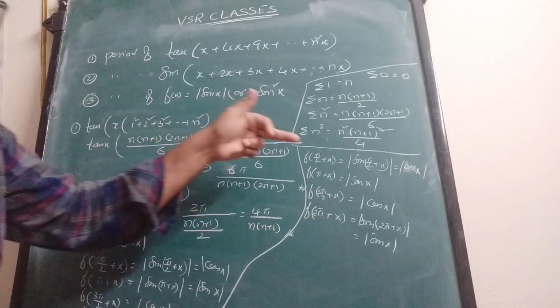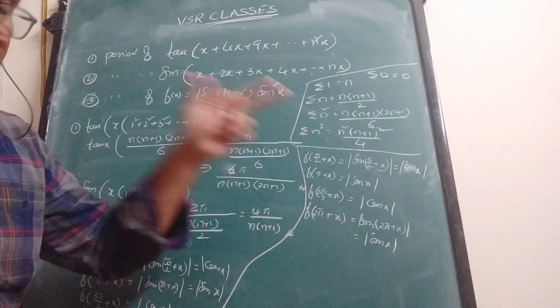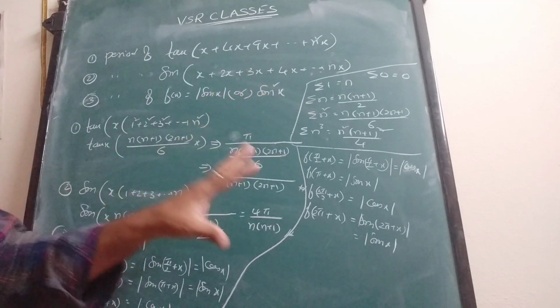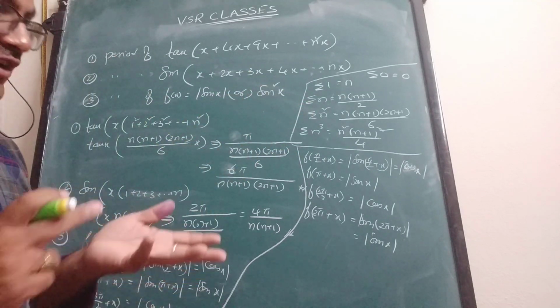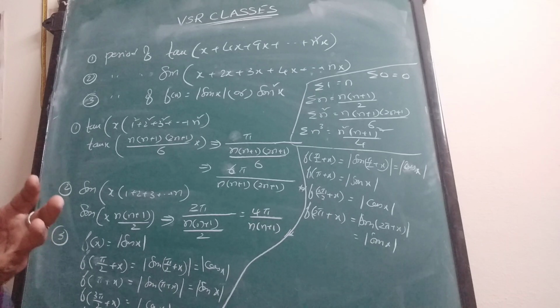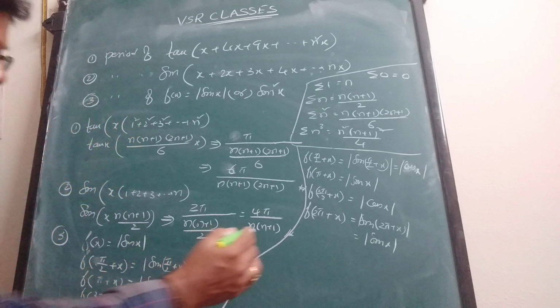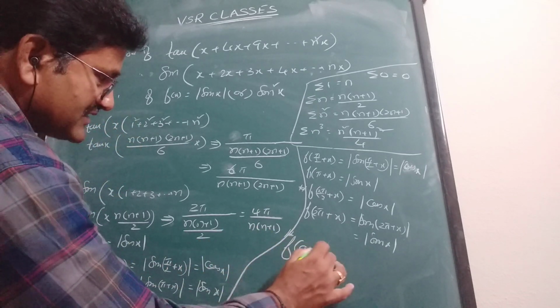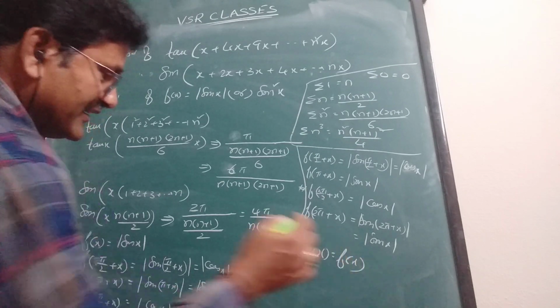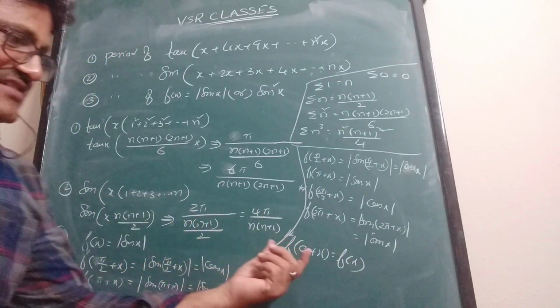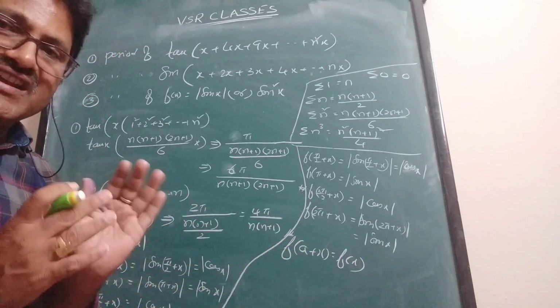Now two are the same, both are mod sin function, which we have to take according to our definition. What we say, f of a plus x is equal to f of x, when does it happen? Only when a is a least positive integer.